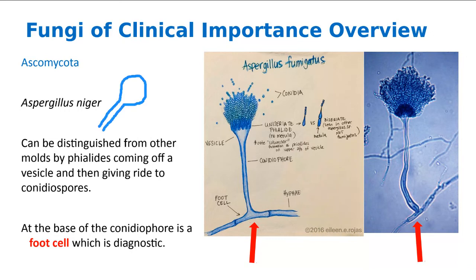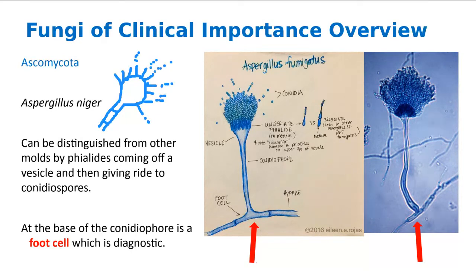Here's the mycelia. Then from the vesicle, you have the phialides. And then from the phialides, you have the spores.